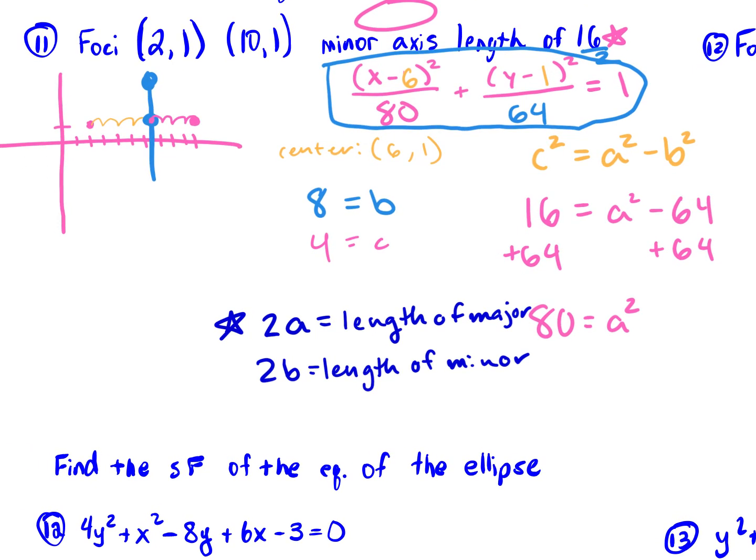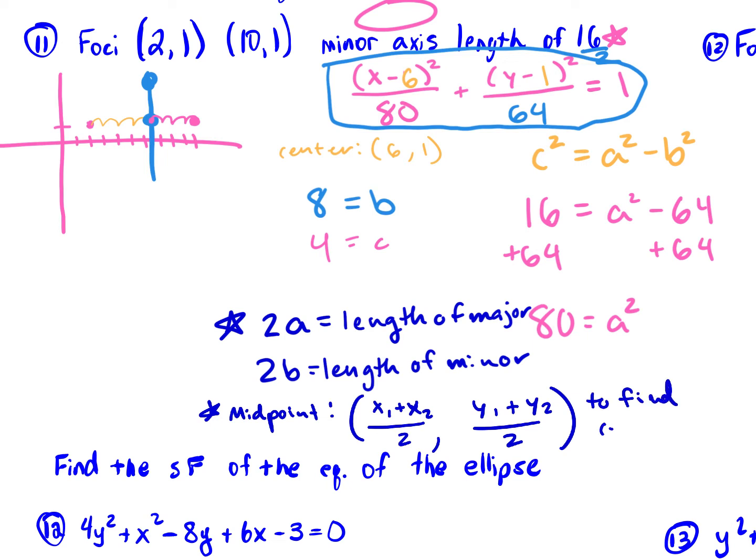And then also we found the center by just looking at it to find the midpoint of the foci, but our midpoint formula would be (x1 plus x2) over 2 and (y1 plus y2) over 2. So that would be to find the center. But again, you don't need it because you could just see it and find where the middle is. But if you wanted to, just to double check your work, you could plug it into the midpoint formula.